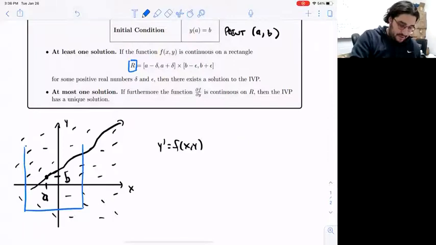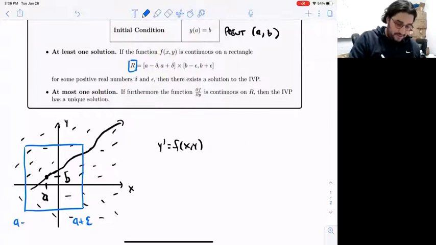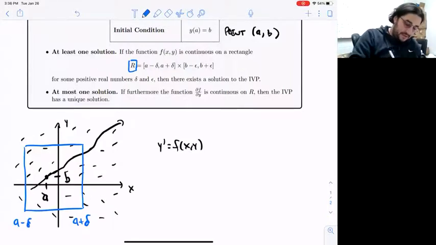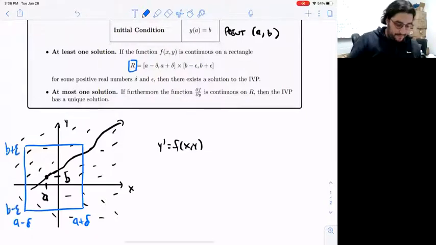It goes to the right and to the left by some delta, so a plus delta, a minus delta. It also goes up and down from that point to some values, b plus epsilon and b minus epsilon. So that's the rectangle that we're talking about here.